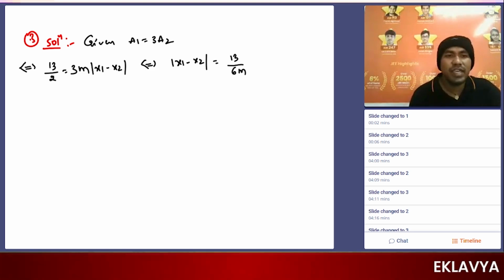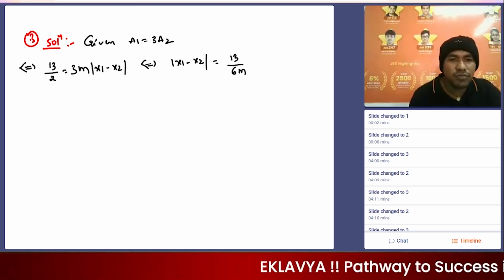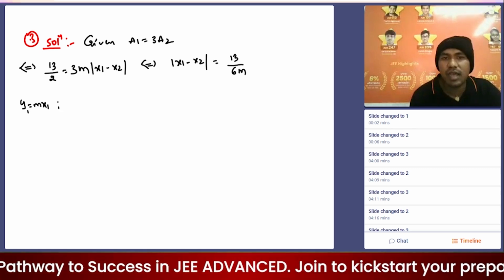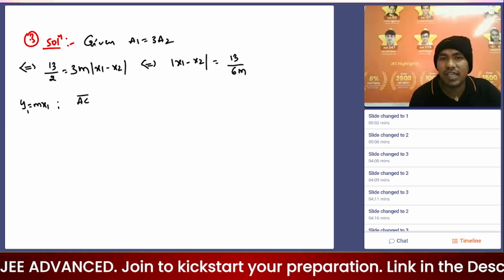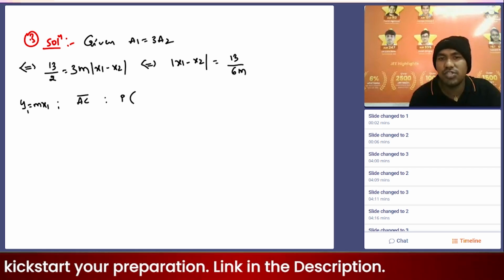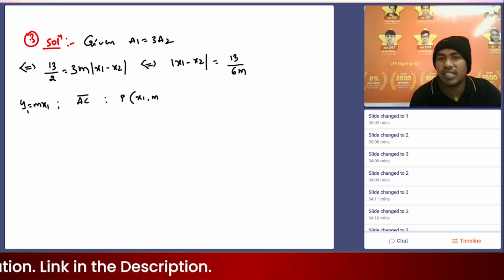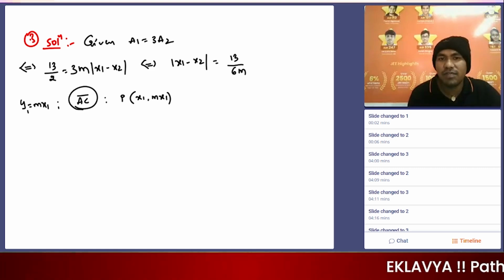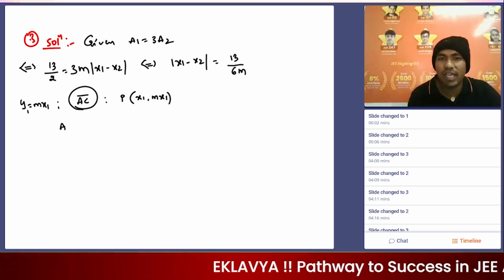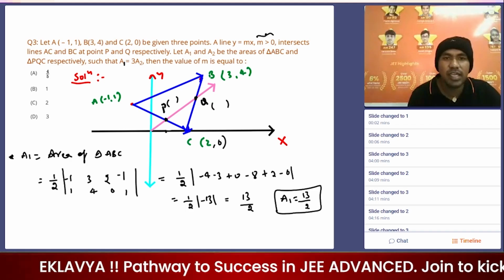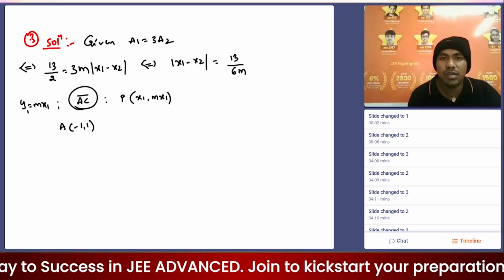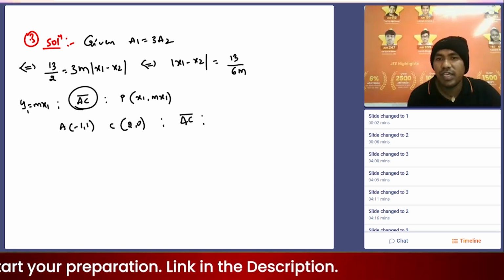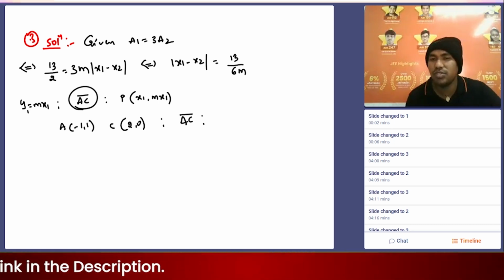Now we have y1 equal to mx1, and the equation of AC. The point of intersection of these two is the point P, that is our (x1, mx1). Now we can find the equation of AC, because we have the point A as (-1, 1) and C as (2, 0). The equation of AC we can find using the two-point form.